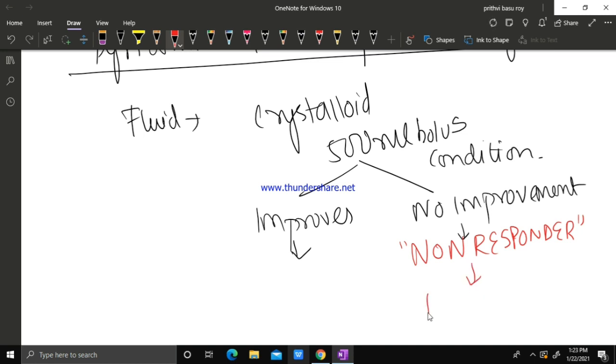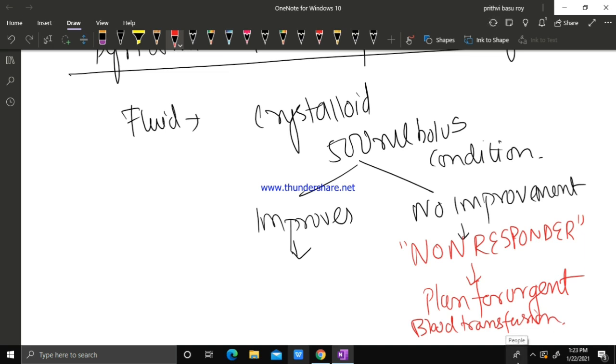What do you do? You plan for urgent blood transfusion, because fluid and blood are not the same thing. You need blood. If you push in so much distilled water or normal saline, what will happen? You are going to dilute the blood. So you have to give blood eventually.